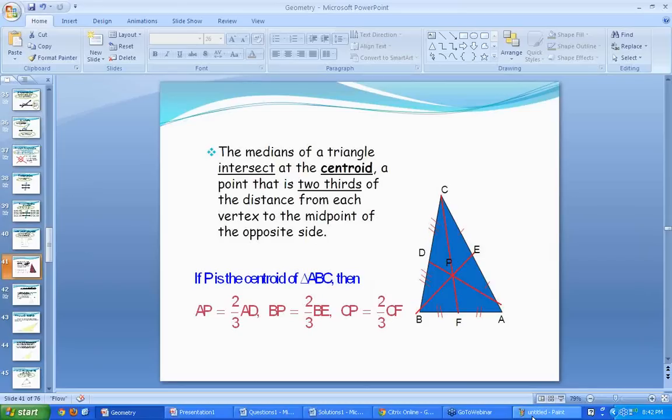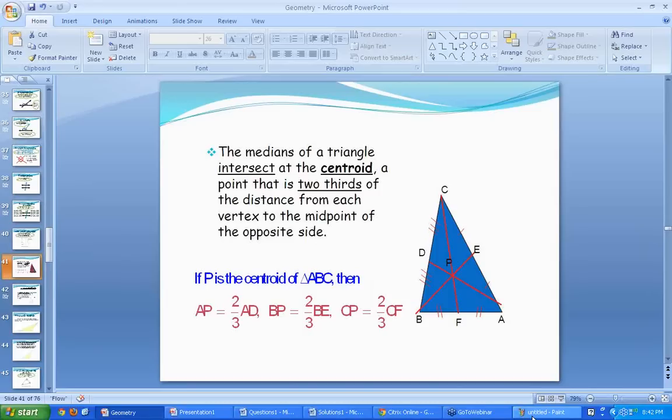In an equilateral triangle, it will be the height. Some people are also saying an isosceles triangle. Is it correct? Can a median of an isosceles triangle be its height? Yes, but not for all sides, only for the side which is not equal.